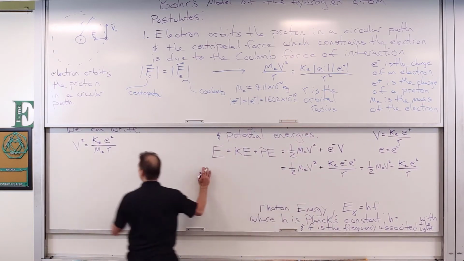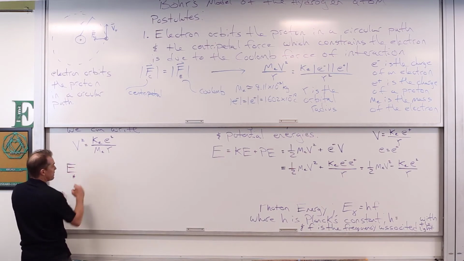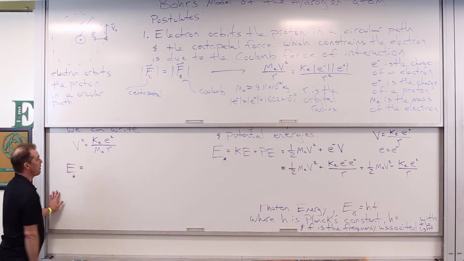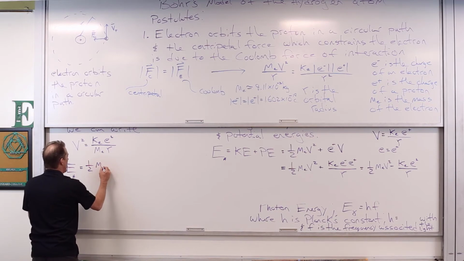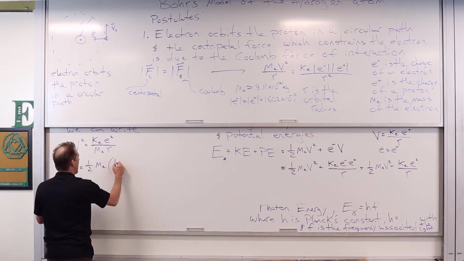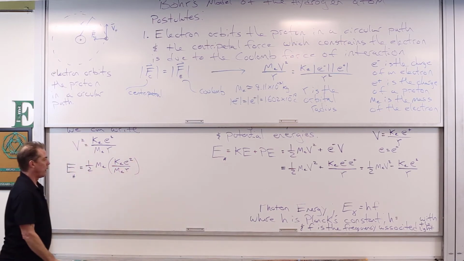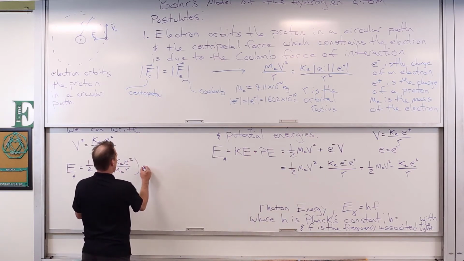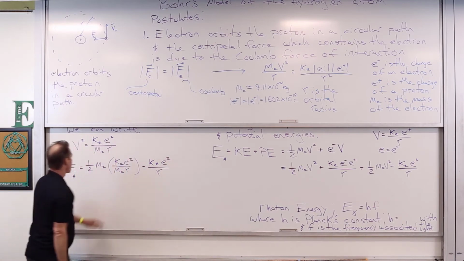And now we're going to say from this that E sub H, the energy of the hydrogen atom, is equal to one half m sub e multiplied by k sub e, e squared divided by m sub e times r, minus k sub e, e squared divided by r.